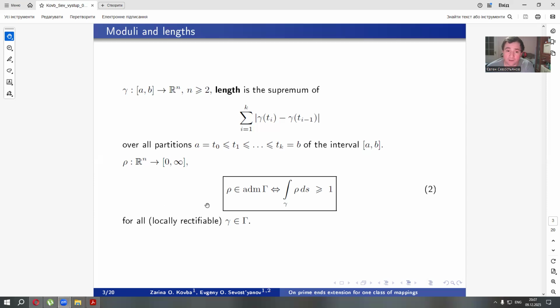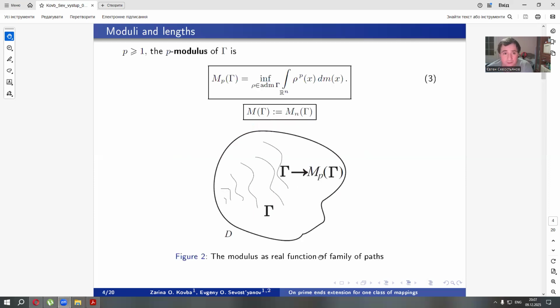I mean locally rectifiable paths, because for non-locally rectifiable paths, the length of the path and the integral may be not defined. Let p be a fixed number greater than 1, then by the p-modulus of Gamma, we mean the infimum of the integrals in the right-hand part of 3.